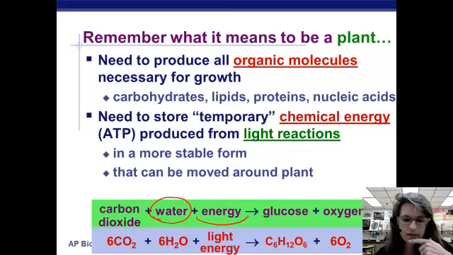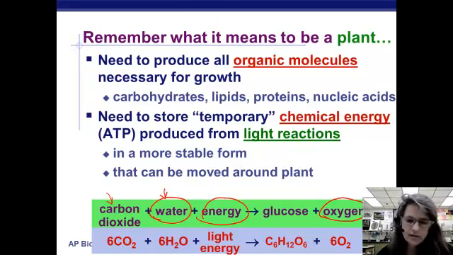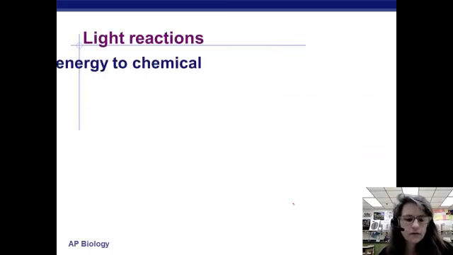We know why we need light energy to excite those chlorophyll A molecule electrons in the first place, and we know where the oxygen is coming from. It is coming from the breakdown of this water molecule. The oxygen is released as oxygen gas. What we have not yet used or figured out is where the carbon dioxide comes in and where the glucose comes in. Okay, so we're going to look at that now.